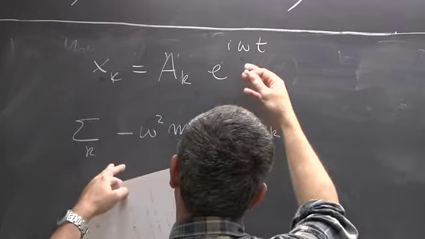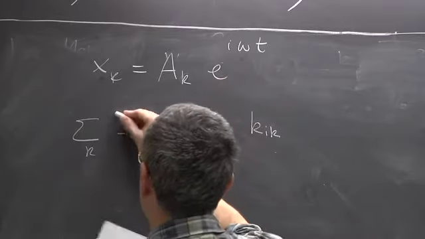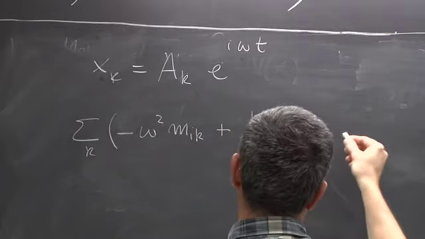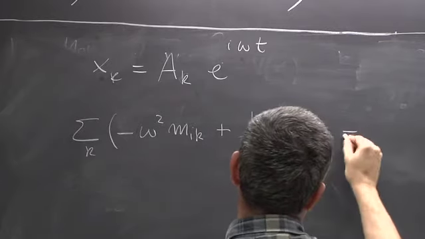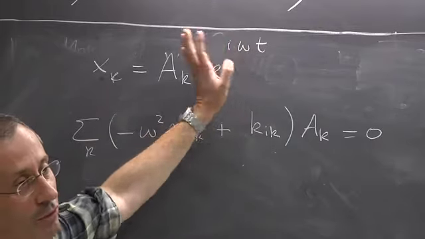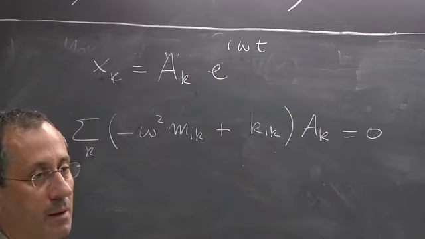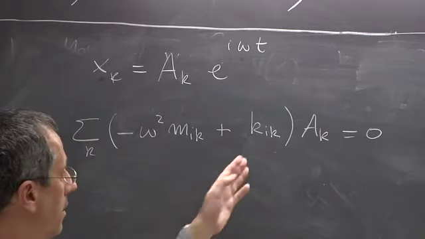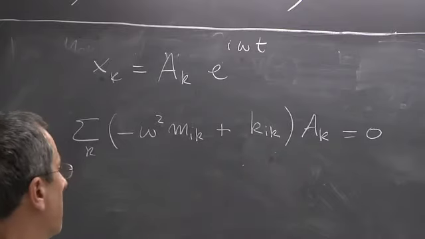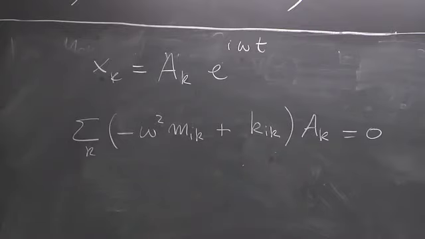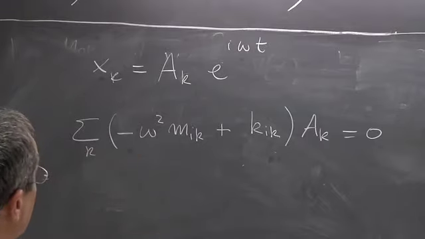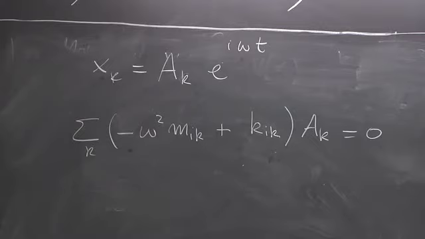The derivative of the exponential gives you back the exponential, so essentially you have this times A_k equal to 0. Because the exponential is never equal to 0, I can simplify it. Are we all on the same page? Yes? Okay.